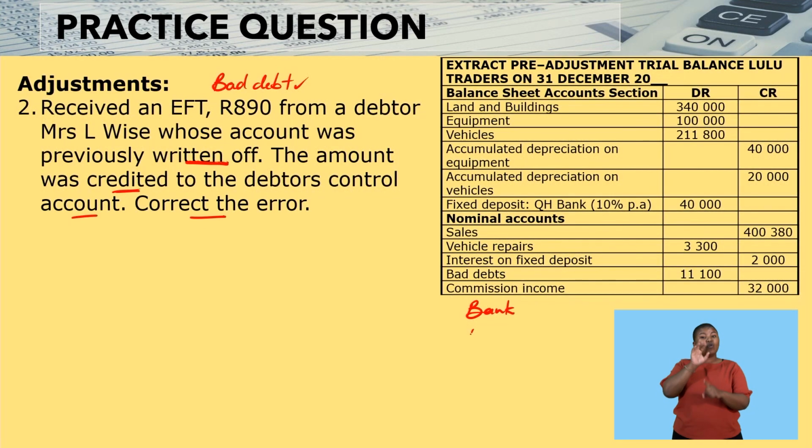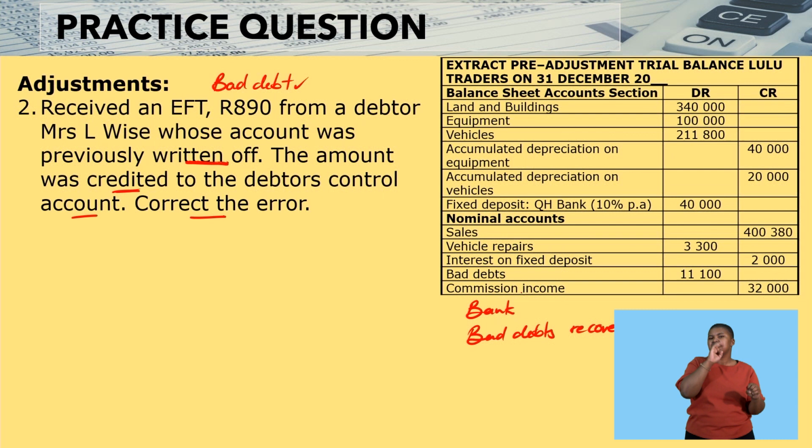However, it will affect our bank and bad debts recovered. It affects bank because we have received money, and that money was previously written off as a bad debt, so we call it bad debts recovered. Two accounts are affected, not the debtors' control.